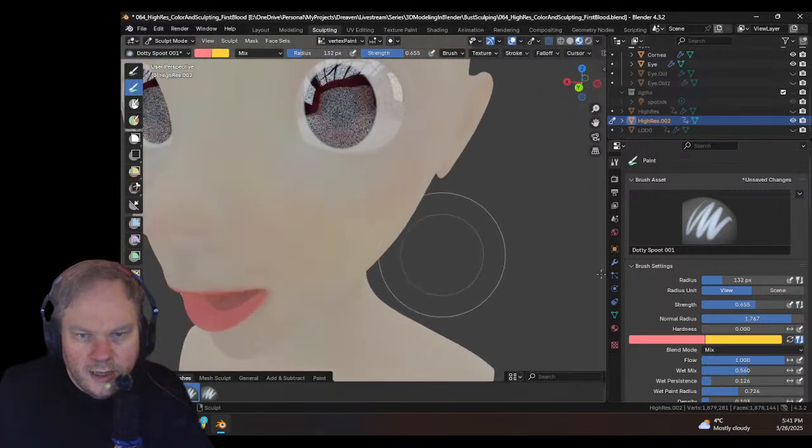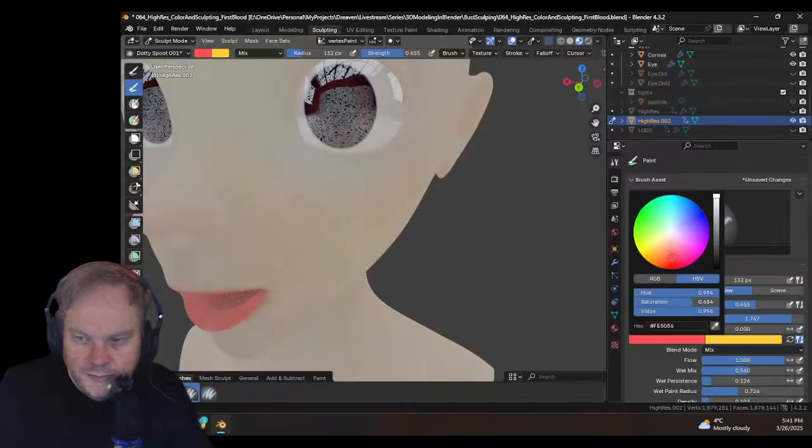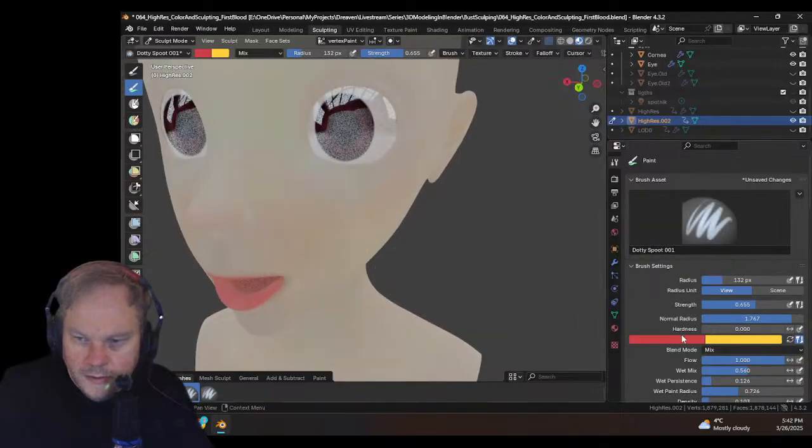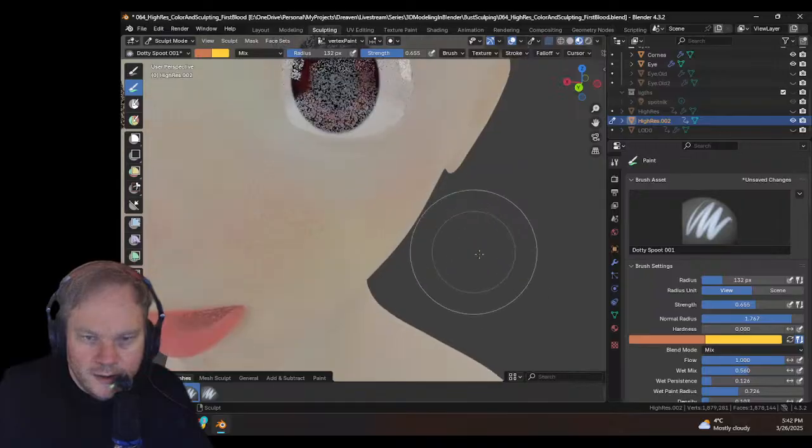We could add some freckles. Something like this. But they are small.